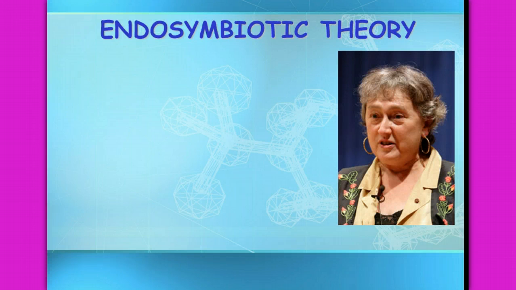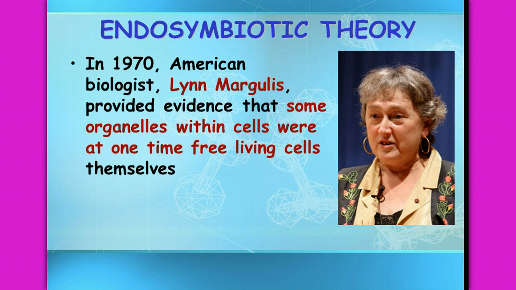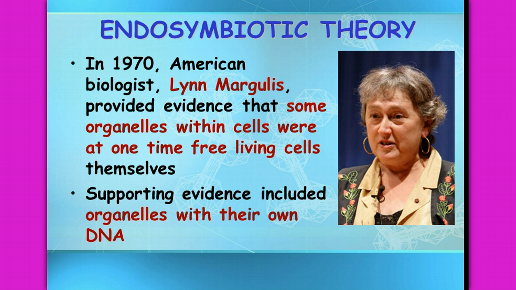And one of the major theories that has come from the cell theory was by Lynn Margulis, and she developed what's called the endosymbiotic theory. So this was in 1970, fairly recent, not obviously when you guys were born, but she provided evidence that some organelles within cells were at one time possibly free living cells themselves.